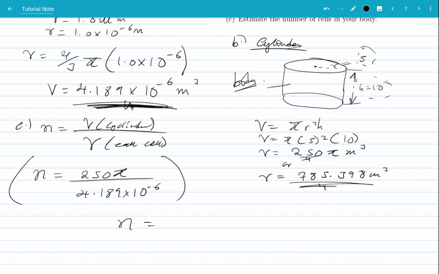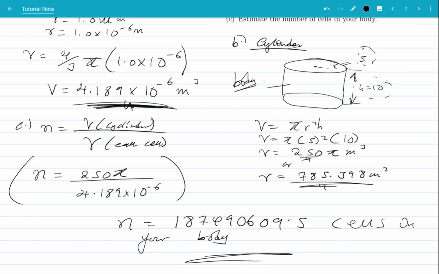Computing this, we have 250 times pi being divided by 4.189 times 10 to the minus 6. Let's try and equate this. So we'll be having 187490609.5 cells in your body. And that'll be your answer.